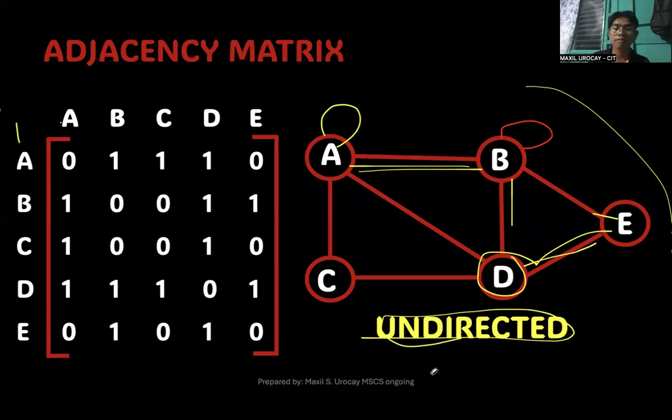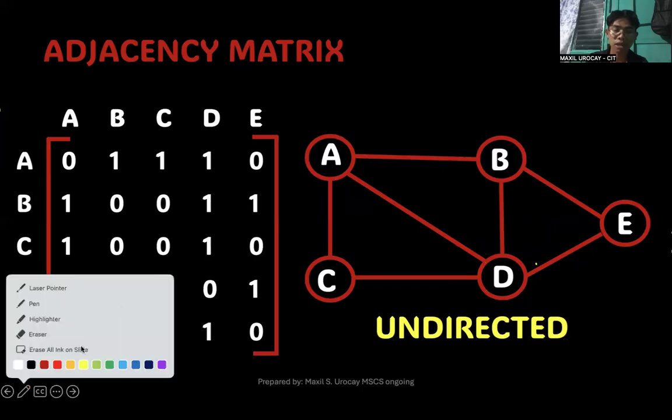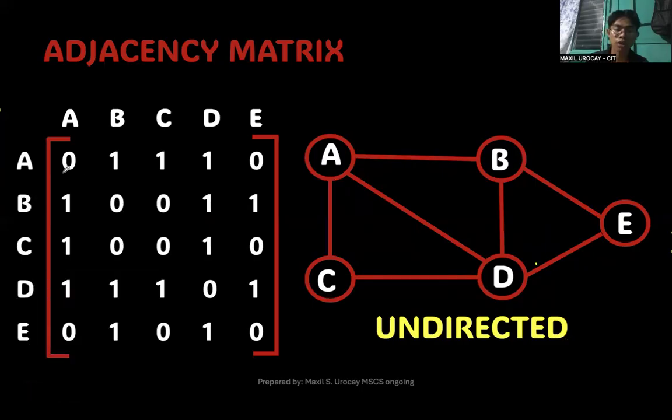As I mentioned earlier, the undirected graph must be symmetric. When we say symmetric, let's define what it means. Symmetric means if you transpose the rows into columns, it must be the same formation. So in your first row, A, you want to form that in a column, for example: 0, 1, 1, 1, 0.